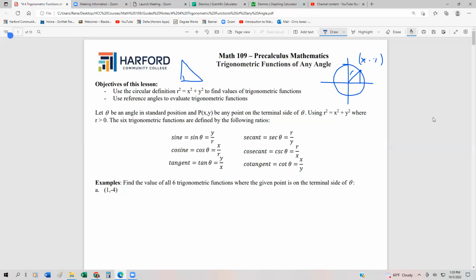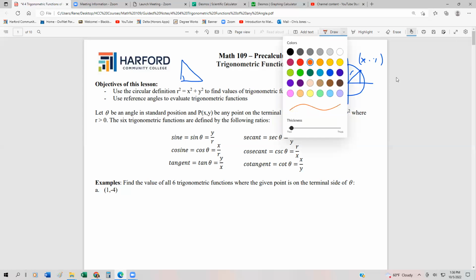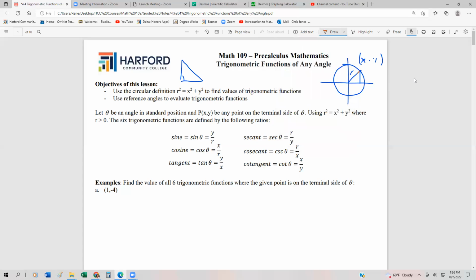The height of the triangle inscribed inside this circle is y, and x is going to be the length of the base.